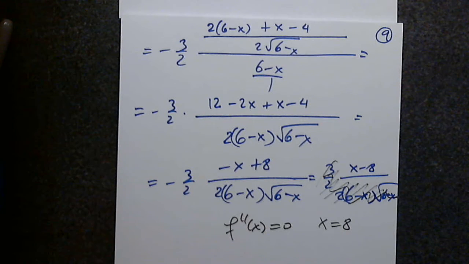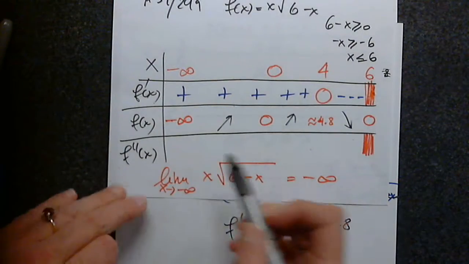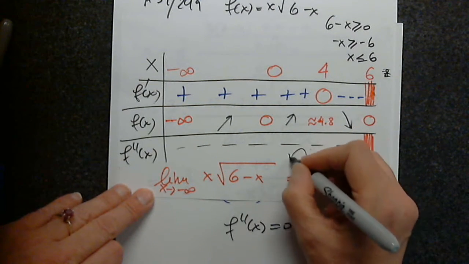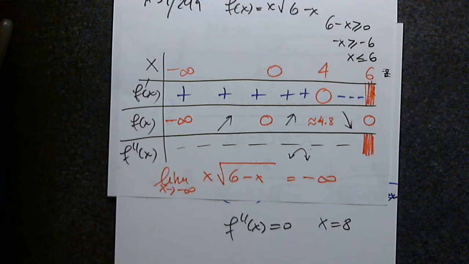I know it crosses at 8, and it has a positive slope, so it's coming from negative. Good. But 8 is outside of the domain, so it's always negative. So this function always opens downward. It has no inflection points. So on the interval negative infinity to 6, the function is concave down.